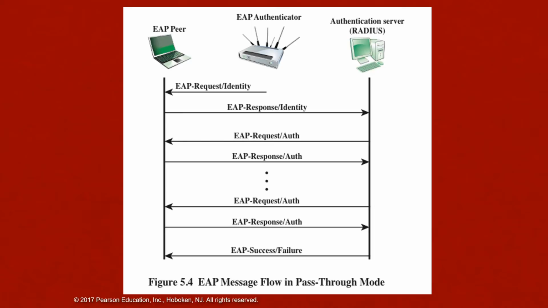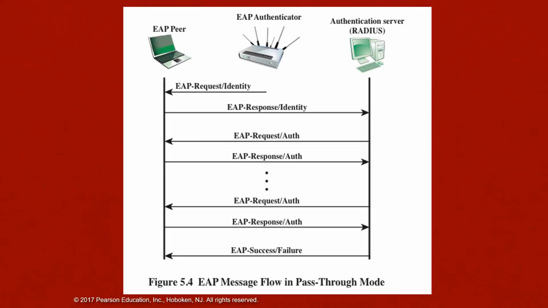This figure gives an example of an EAP exchange. Not shown in the figure is a message or signal sent from the EAP peer to the authenticator using some protocol other than EAP and requesting an EAP exchange to grant network access. One protocol used for this purpose is IEEE 802.1x, discussed in the next section.